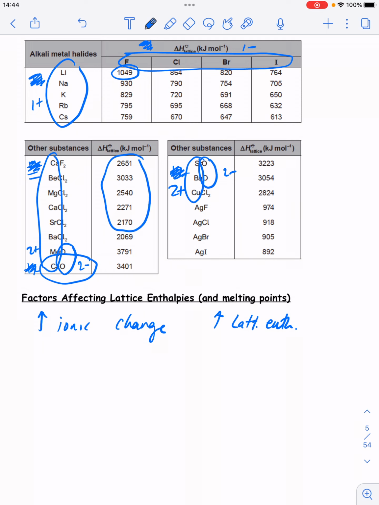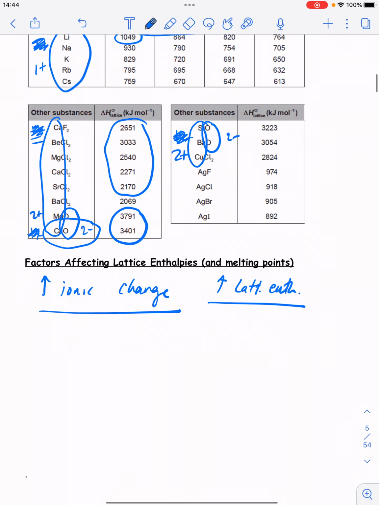And when we go to +2 and -2 ions, we get over 3,000. So we can see that there's a real clear link that when we increase ionic charge from 1+ and 1- to 2+ or 2+ and 2-, the greater the charges, the greater the attraction, and therefore the greater the lattice enthalpy to overcome those attractions. So that's one really important rule.